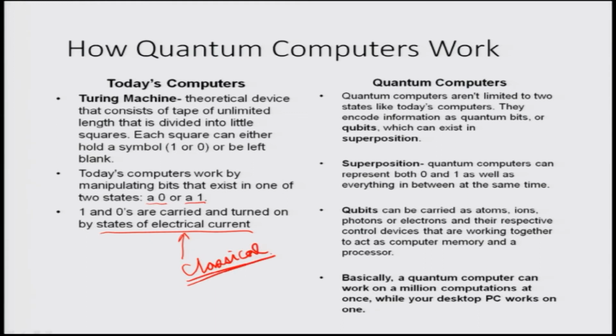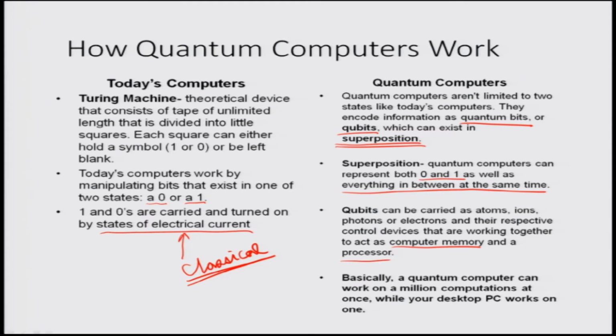Quantum computers are not limited to two states, 0 or 1, like the classical computers. They encode information as quantum bits or qubits, which can exist in superposition. Superposition essentially means that the quantum computers can represent both 0 and 1 as well as everything in between at the same time. The qubits can be carried as atoms, ions, photons or electrons, and their respective control devices that are working together to act as computer memory and a processor.